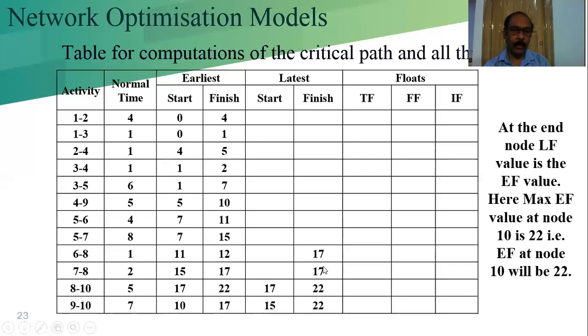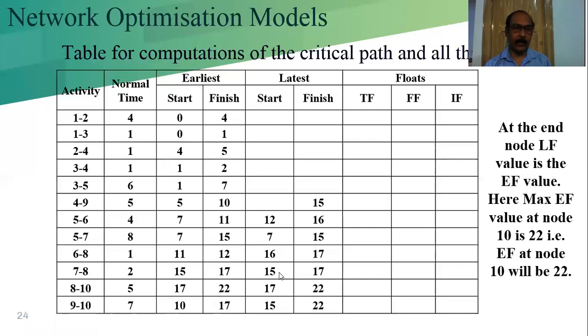That 17 will go here. These two 17s will go here. And 17 minus normal time, that we can calculate easily here. And 17 minus normal time is 1. So this will be 16 and this will be 15. 16 and 15 are already calculated.